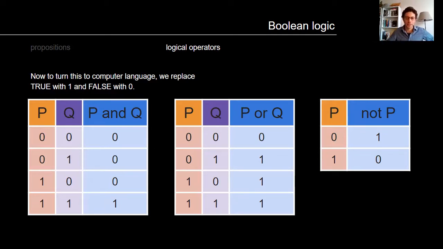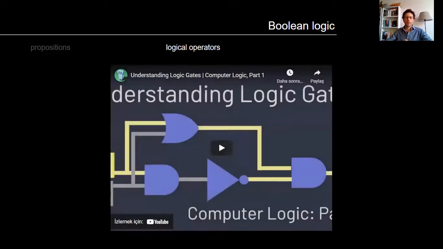There's nothing else that I've done until this point. Let me move on and try to explain why I changed T's with 1s and F's with 0s, and how this change will turn these Aristotelian truth tables into a computer language that George Boole is famous for. Now I will show you another video.